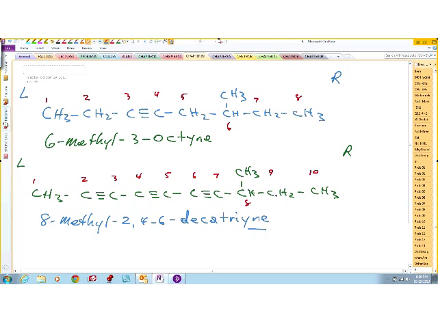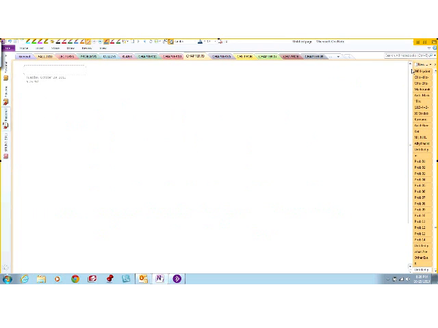Now supposing we have a molecule that contains a double bond and a triple bond.